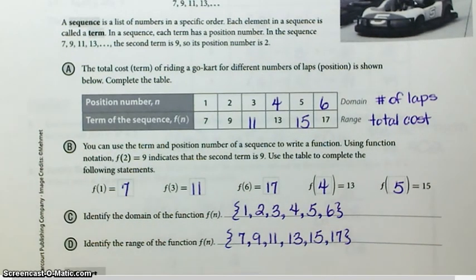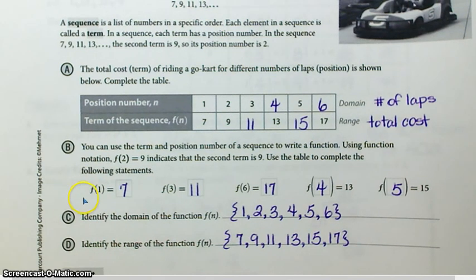You can use the term and the position number of a sequence to write a function using function notation. Function f of 2 is equal to 9. That means that the second term is 9. So for that function, the second term is 9. Okay. For the first position, the term is 7.